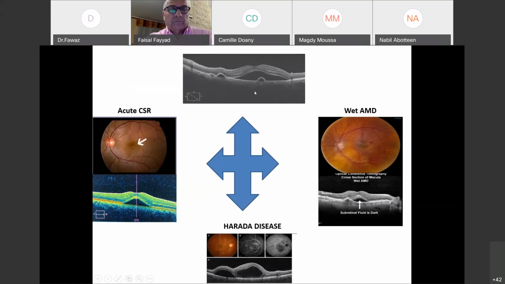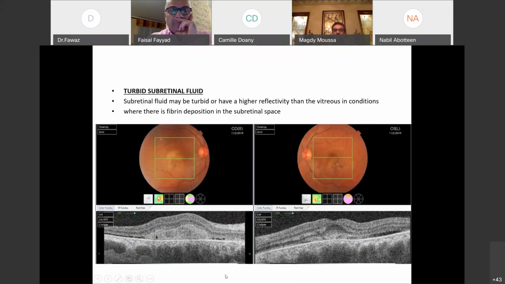This fluid could be a sign of acute central serous retinopathy, like in this case, or we may find it in inflammatory diseases like Harada disease, where on the OCT we find multifocal neurosensory detachment with clear subretinal fluid. But sometimes the fluid beneath the neurosensory retina is not clear if it is chronic, and we find it turbid, containing more fibrin, especially in cases of chronic CSR.